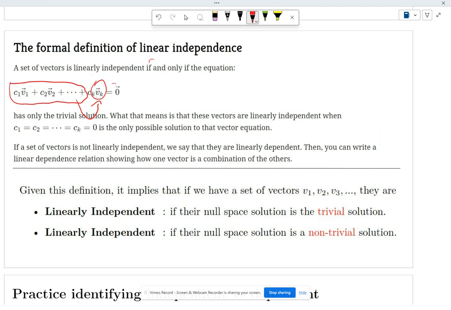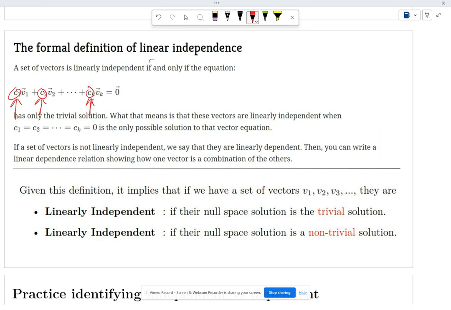Therefore, you are able to turn this into 0 without setting C1, C2, C3 all of them to be 0. Similarly, if this one is spanned by them, you can also subtract this out. Therefore, if any one of them is spanned by the rest of them, then that's dependent. If it's not spanned, then the only possible solution is if you set every one of these to be 0.